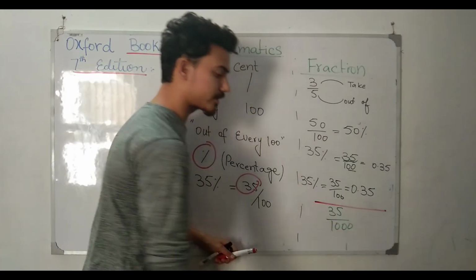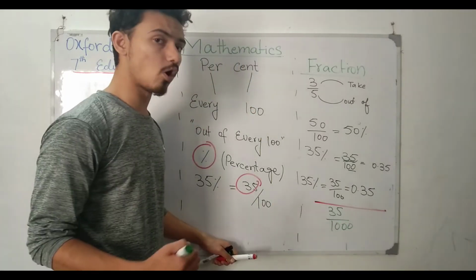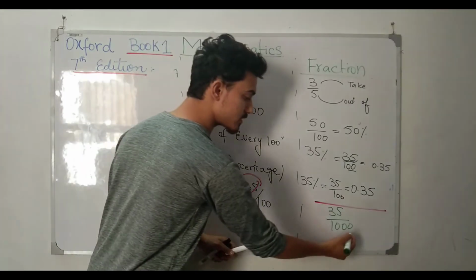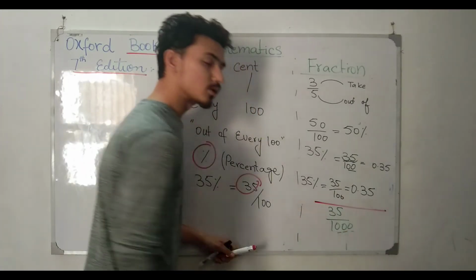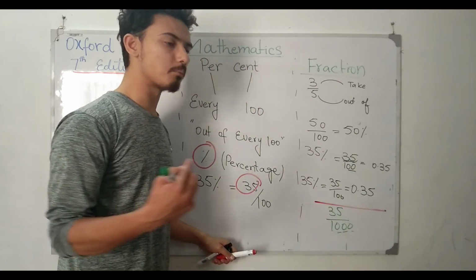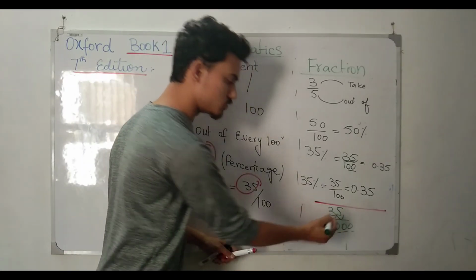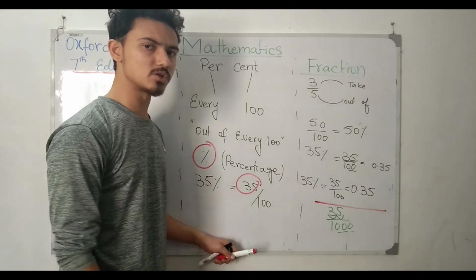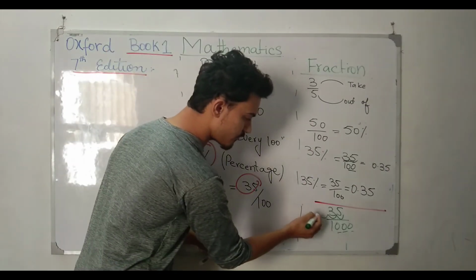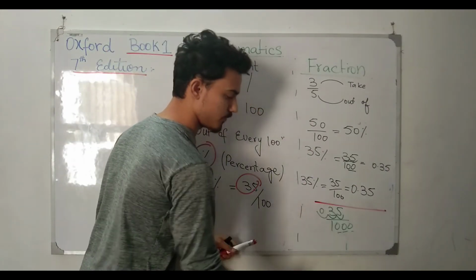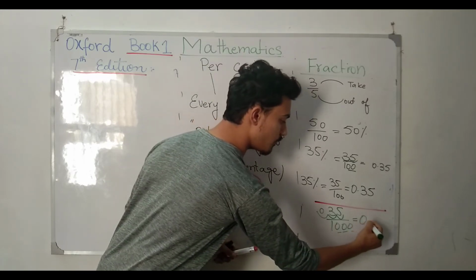Here's your decimal sign right now on the most right side. So how many zeros do you have in the denominator? 1, 2, 3. You have 3 zeros in the denominator. I'm going to move my decimal sign 3 steps. 1, 2, because you have just 2 digits in the numerator. And 3, here we add a 0, and the answer will be 0.035.